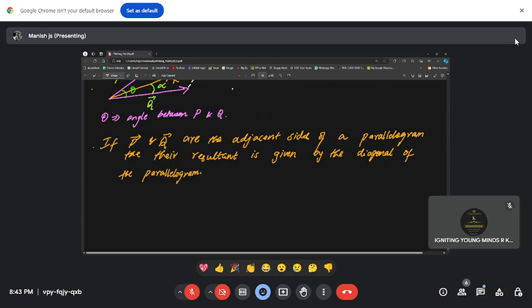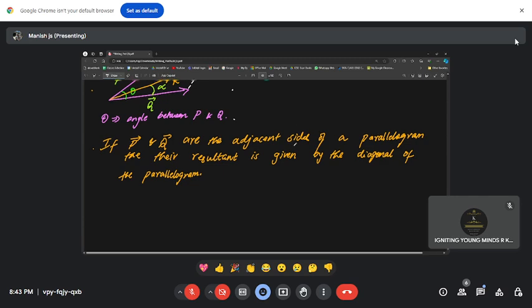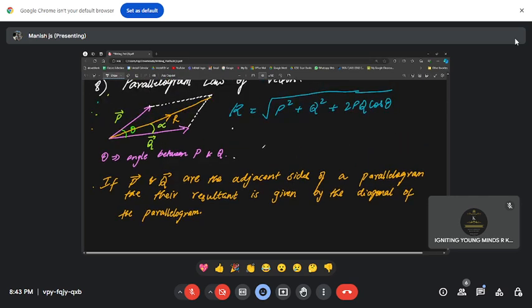That's it. So that's how the parallelogram law of vectors can be effectively used to calculate the resultant of any two vectors, considering that they make the adjacent sides of the parallelogram.